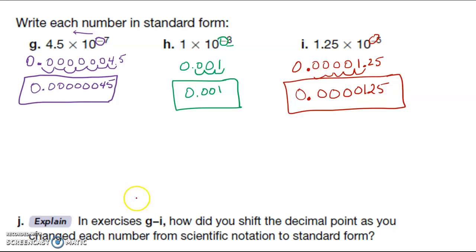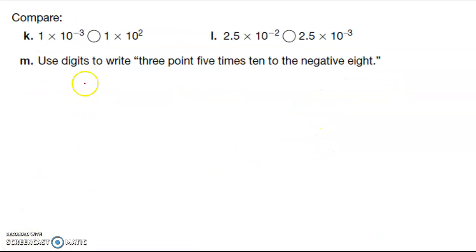This asks, in exercises G through I, how did you shift the decimal point as you changed the number? We shifted it back to the left. Here it says compare: this is to the negative 3 and this is the positive 2.